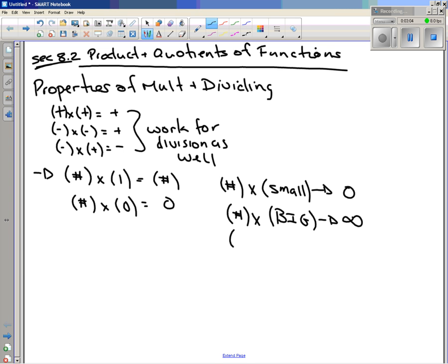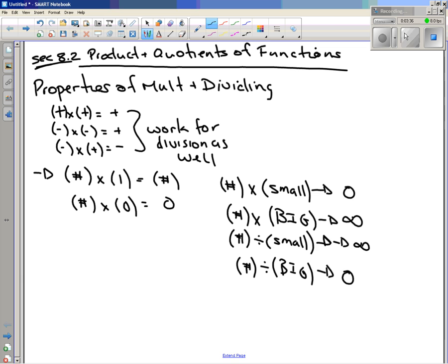Similarly, if we take a number and divide by something really small, what's our answer going to be? If we're dividing by something that's really, really close to 0, it's getting really close to infinity. And if we take a number and divide it by a really big number, what are we going to get? We're going to get something that's getting really close to 0.